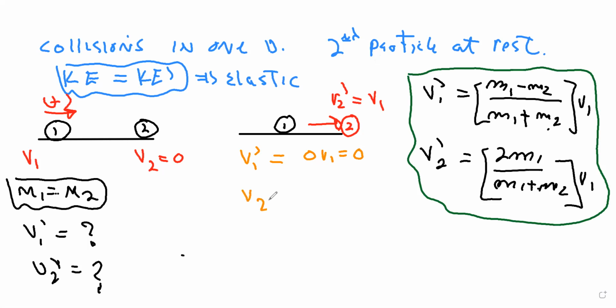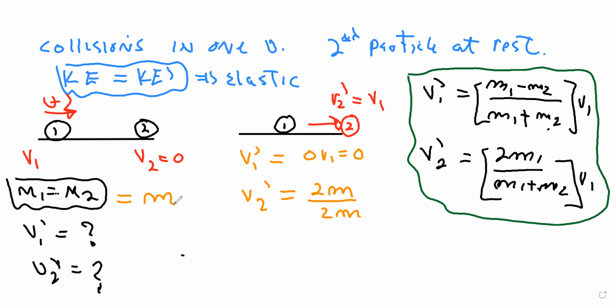And velocity 2 prime is going to be 2 times the mass over 2m, because mass 1 plus mass 2 is 2m. Mass 1 is equal to mass 2, and that's just the mass. You don't need the subindexes.